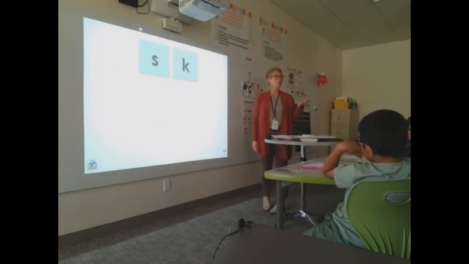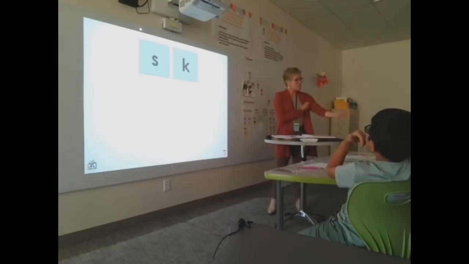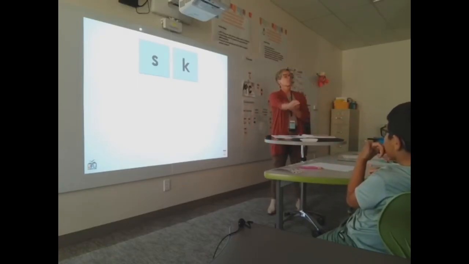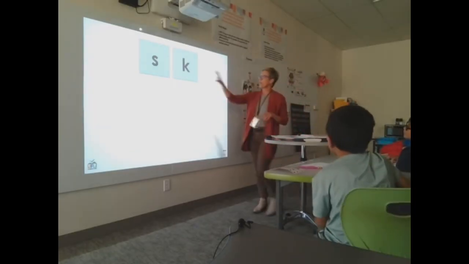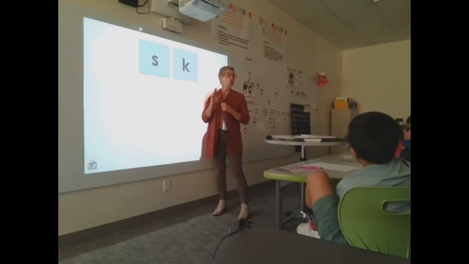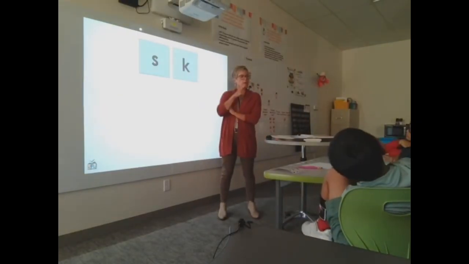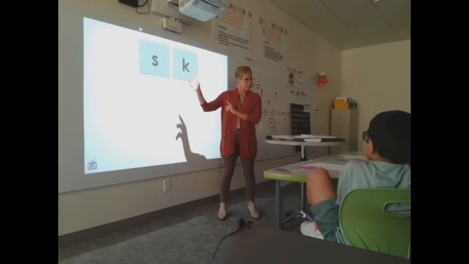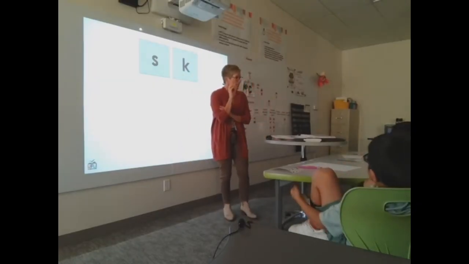Now, what's cool about K is sometimes S and K are together. When S and K are together, you may hear your teachers say that this is an example of a blend. I would like to call it a consonant cluster.